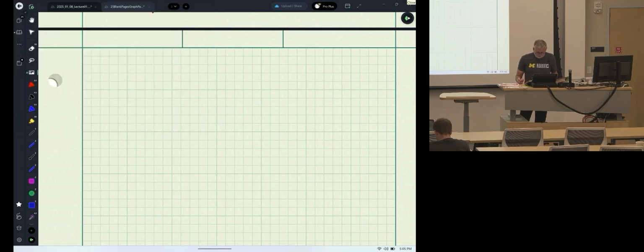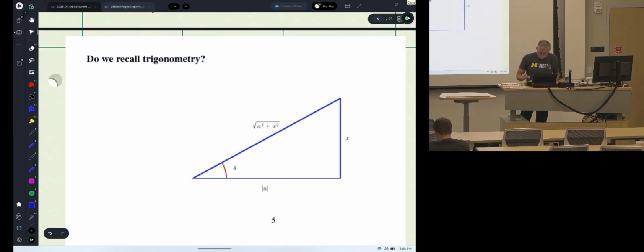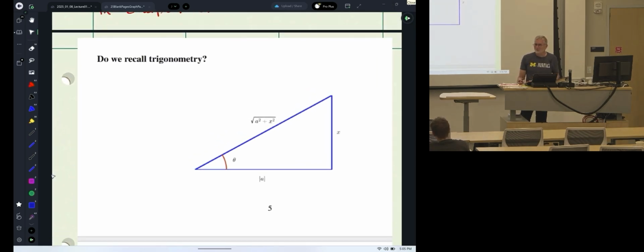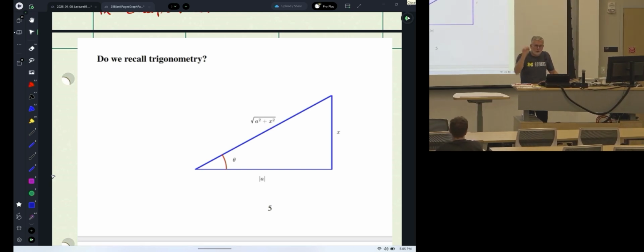Here it is. So, my question, do we recall trigonometry? The reason I ask this is because calculus is easy. The hard part of this course is algebra and trigonometry.